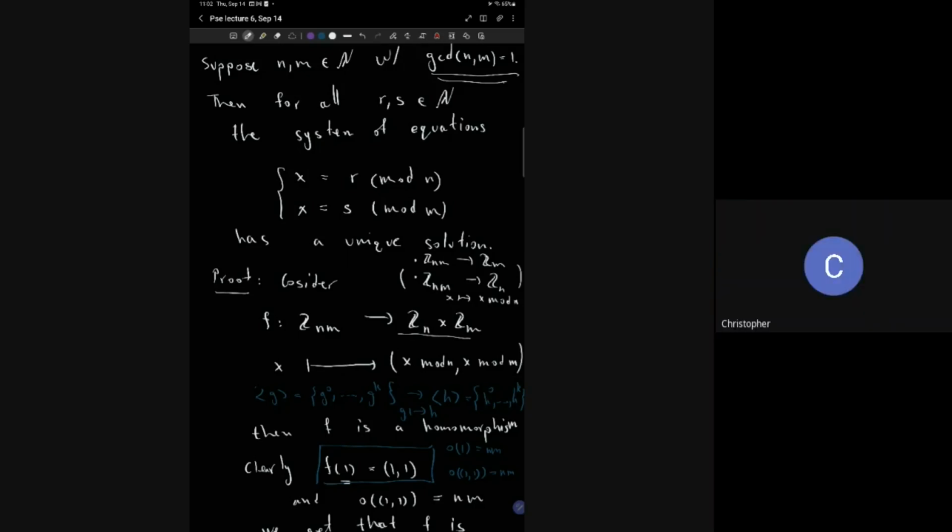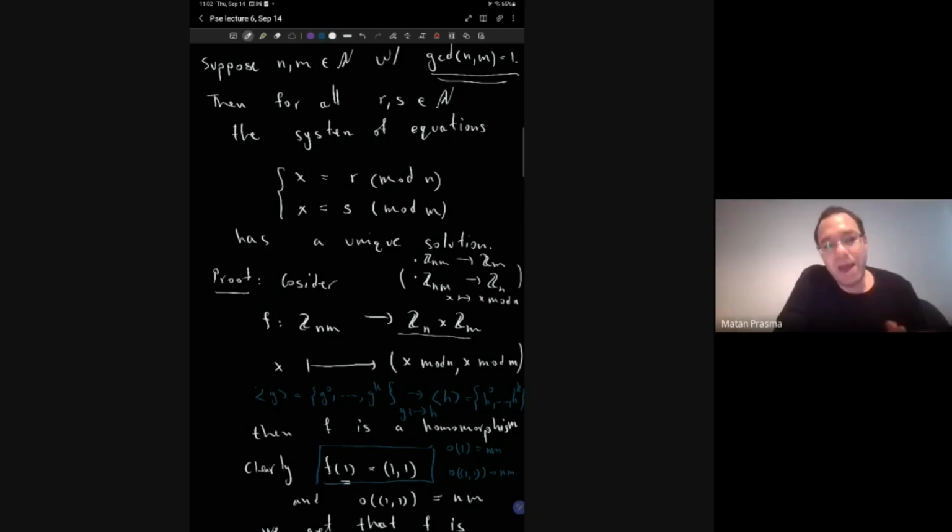Right. So the definition of order, I thought it means the number of elements in a group, but in this case it's different. So there is a distinction. There is the order of a group, which is the number of elements of a group, and there is the order of an element in the group, which is the least integer, the minimal natural number, such that this element to the power of this number will become 1.